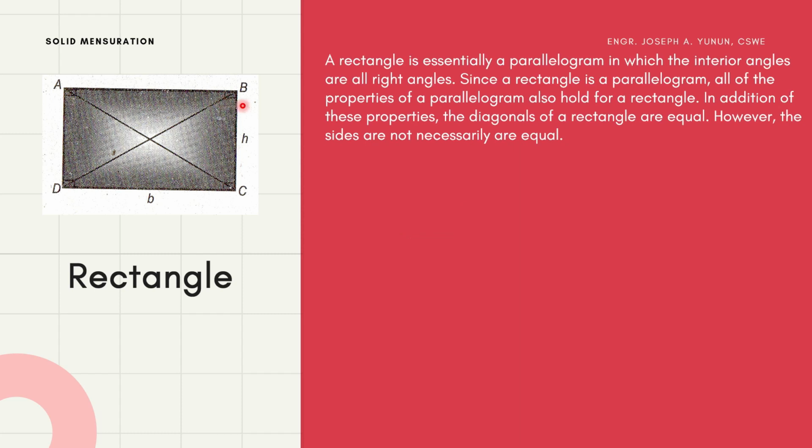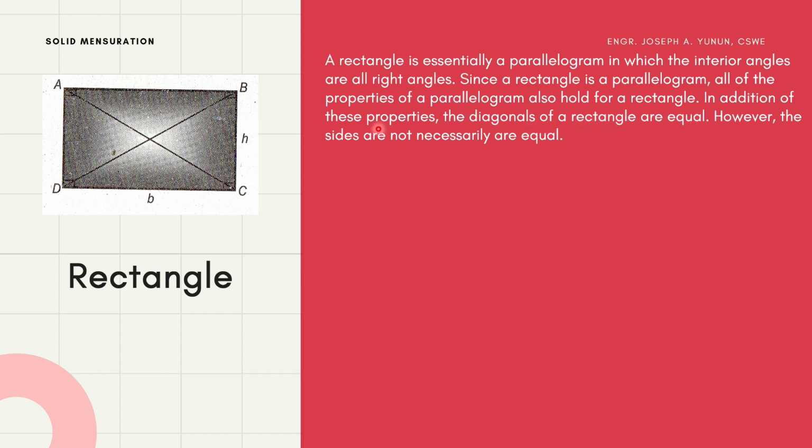A rectangle is essentially a parallelogram because of its definition, parallel sides, and interior angles that are all right angles. Since a rectangle is a parallelogram, all of the properties of a parallelogram also hold for a rectangle. In addition, the diagonals of the rectangle are equal.